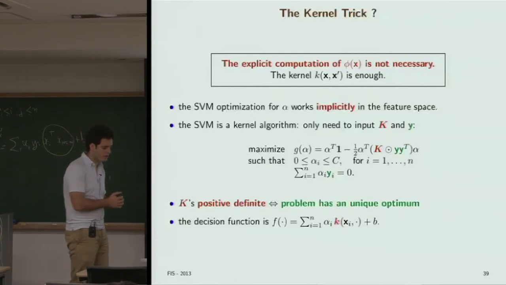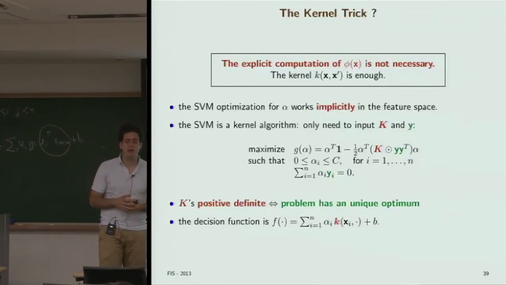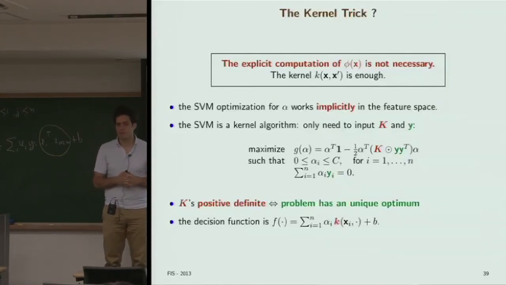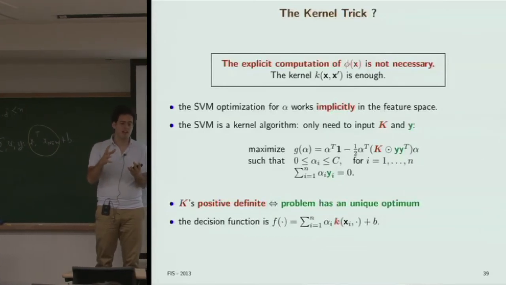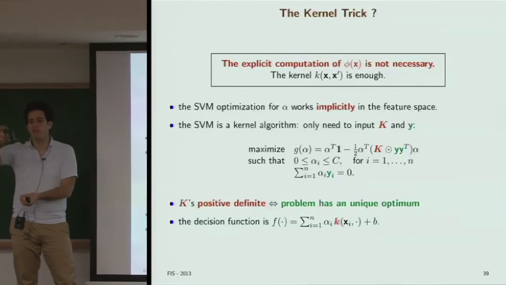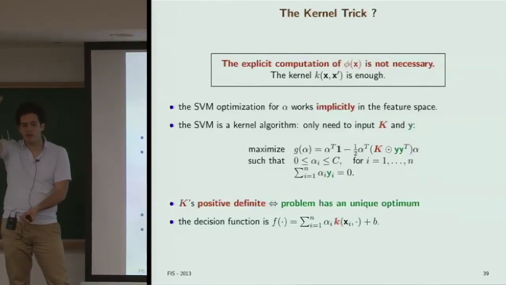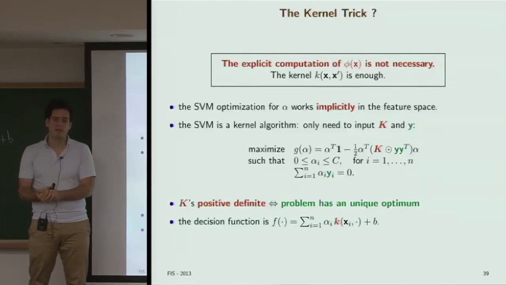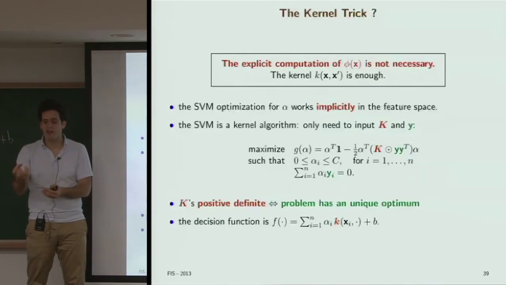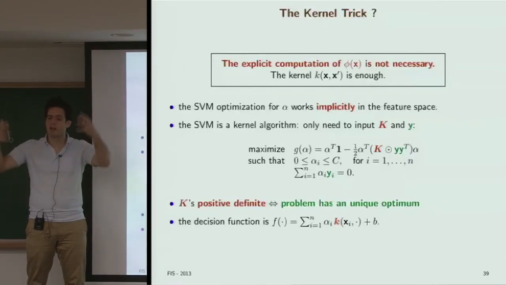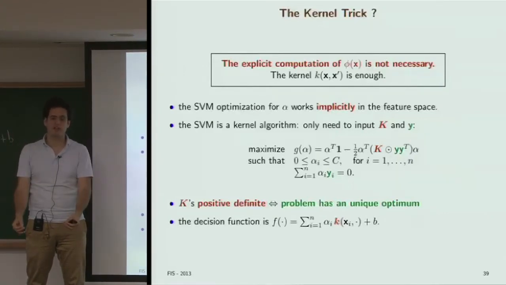Say my x is a 3D molecule. Of course, I cannot give you phi of x, because it wouldn't hold in your memory. But suppose I have an algorithm which allows me to compute the dot product of two infinite vectors.